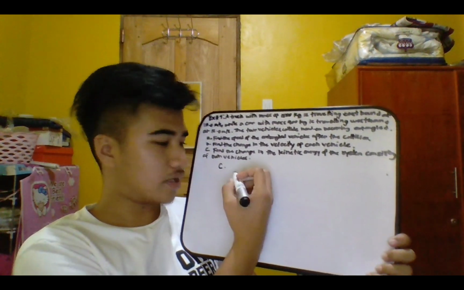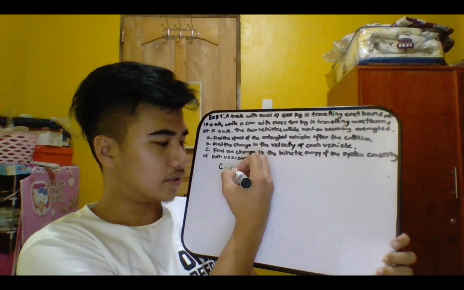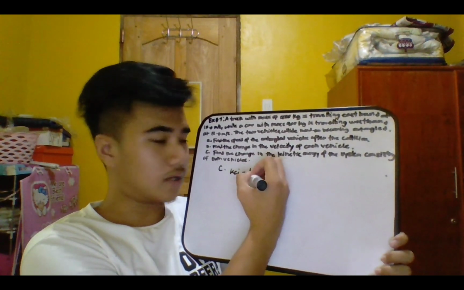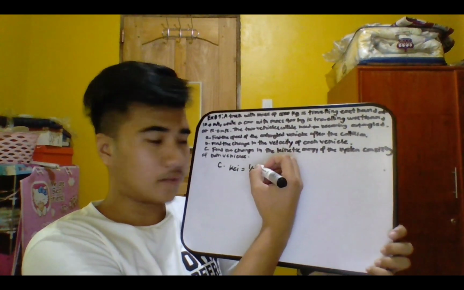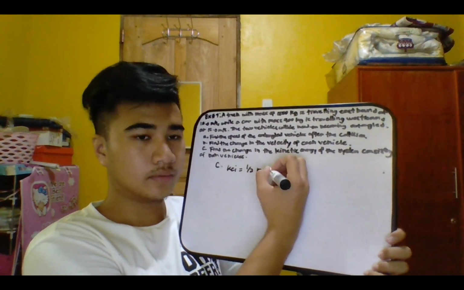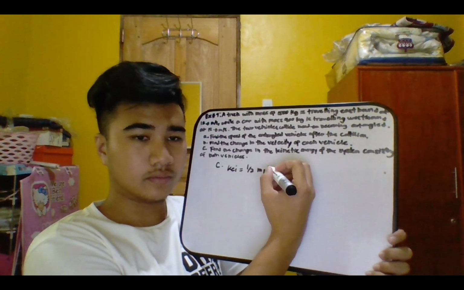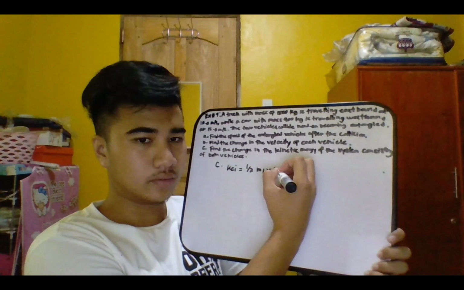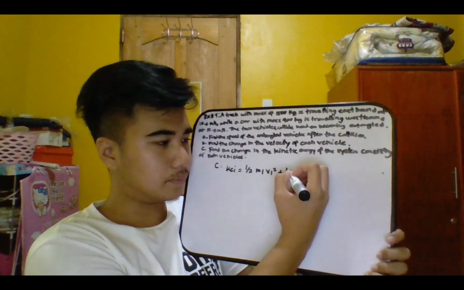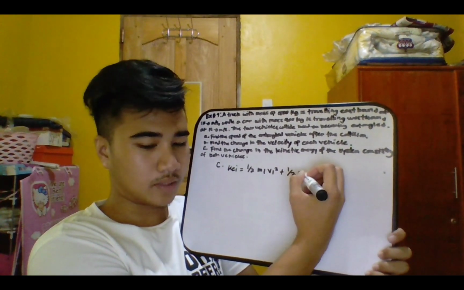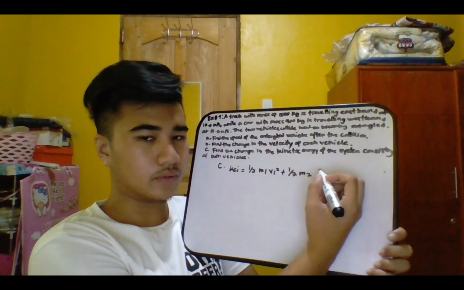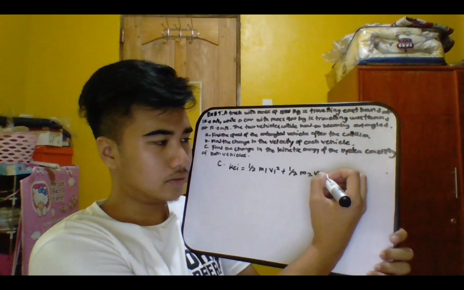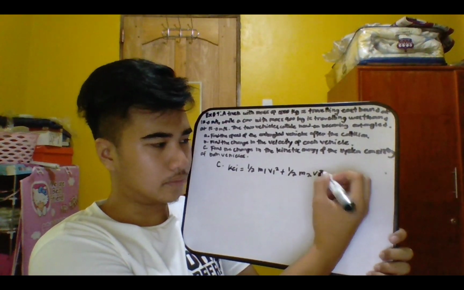So let's start with the initial kinetic energy equal to 1/2 m1 v1 squared plus 1/2 m2, the car, v2 squared.